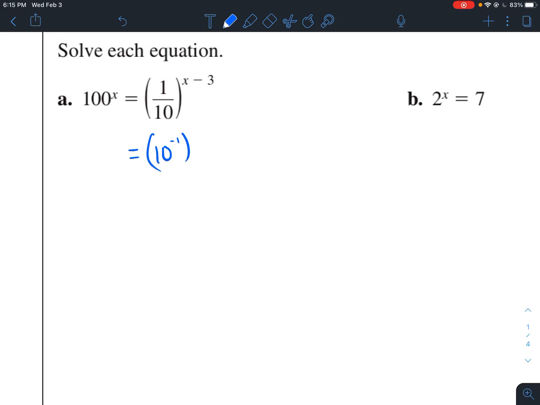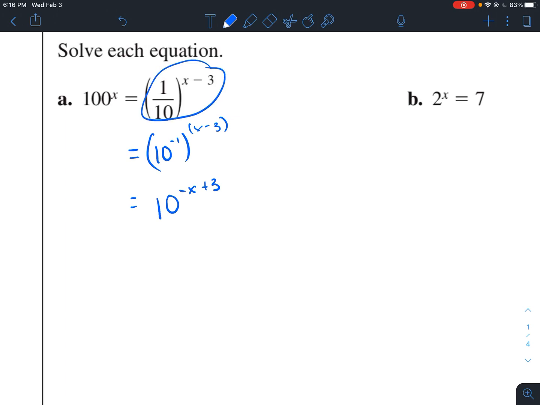And I still have the exponent x minus 3. Now I have another property of exponents, a power to a power, which means I can multiply the exponents. So I multiply negative 1 with x minus 3, which gives 10 to the negative x plus 3. So on the right side, I've created a base of 10.